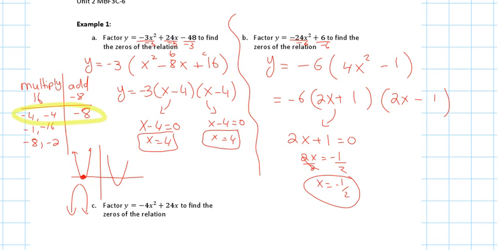Let's set the second one equal to 0. Bring the negative 1 over. So that becomes 1. Divide by 2. So that means your zeros are negative a half and a half.